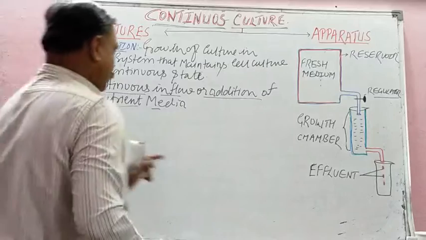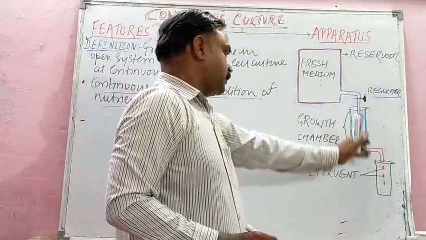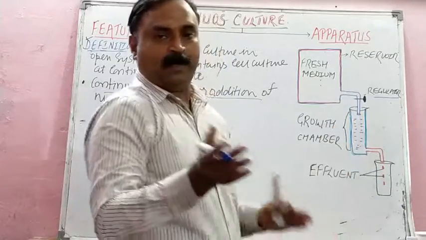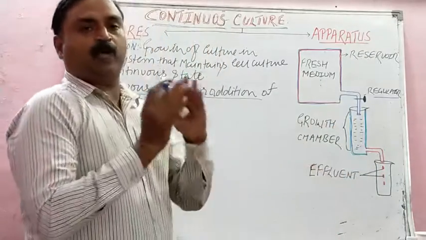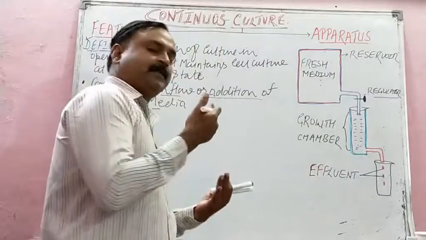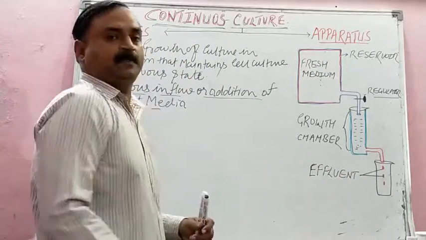And the next point is very interesting. The next point is that the accumulated cell mass and waste are harvested at regular intervals of time. In batch culture you have seen that accumulated cell mass and waste were harvested at the end of the incubation period, isn't it?